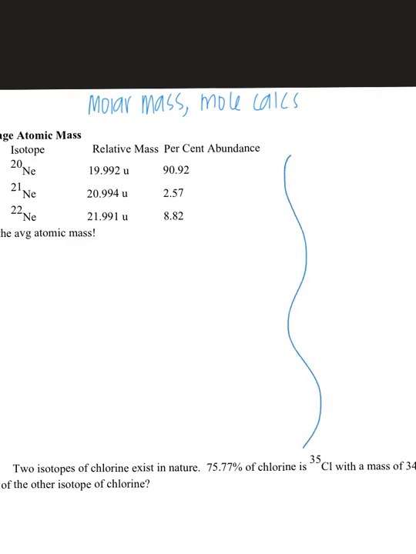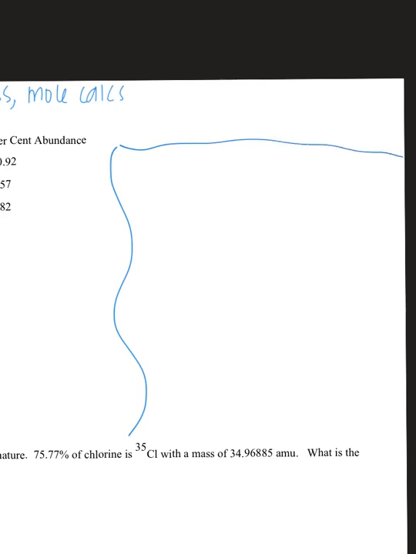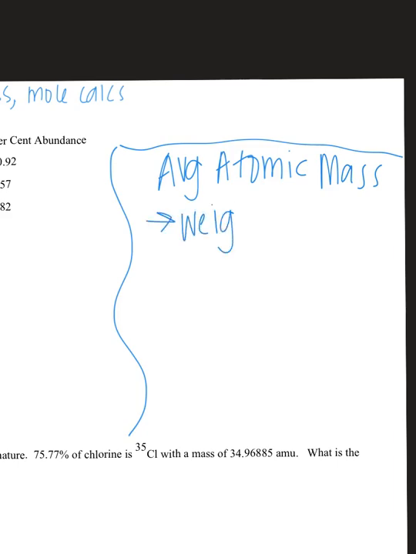I'm gonna make us a little side note here, just in case we don't remember what all this is. So remember average atomic mass. Basically what that is is what's listed as the weights on the periodic table, because every element has isotopes.